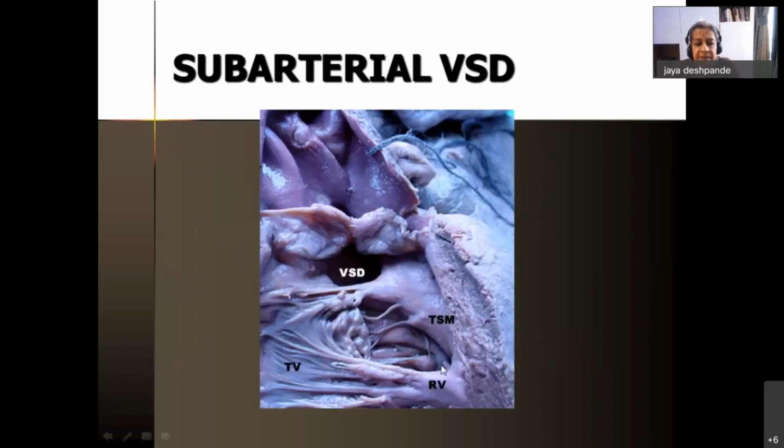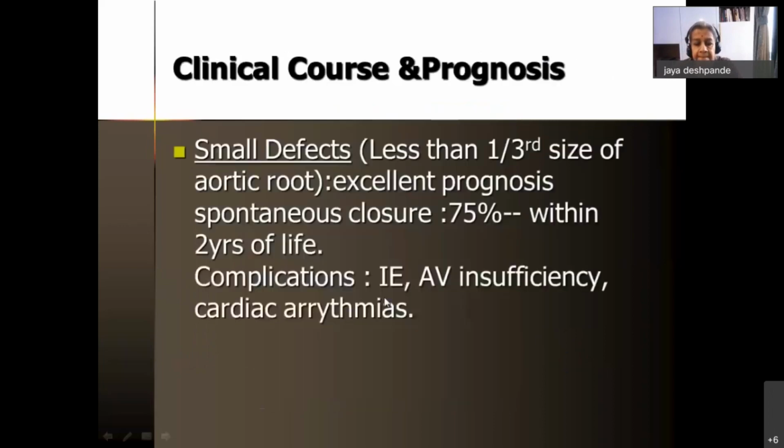This is seen from the right side. You can almost see the pulmonary valve, which is plastic kind of prolapsing into this VSD. So these are the aspects of the perimembranous, muscular and the juxtaarterial type of defects.